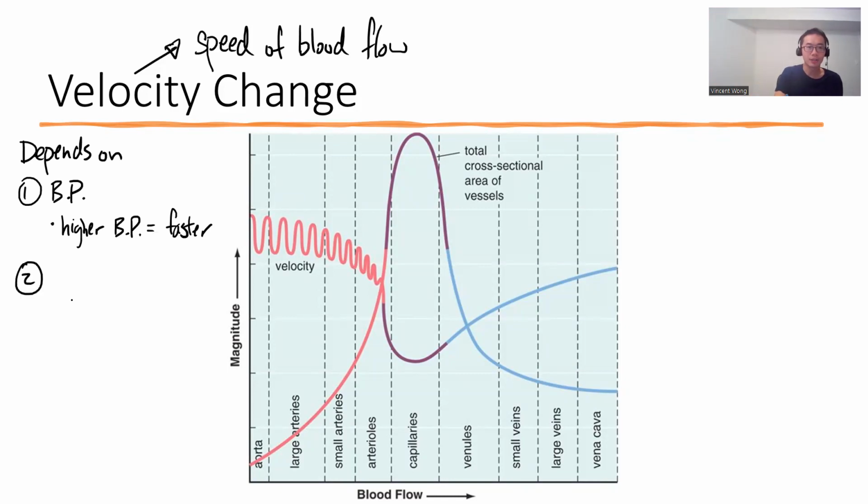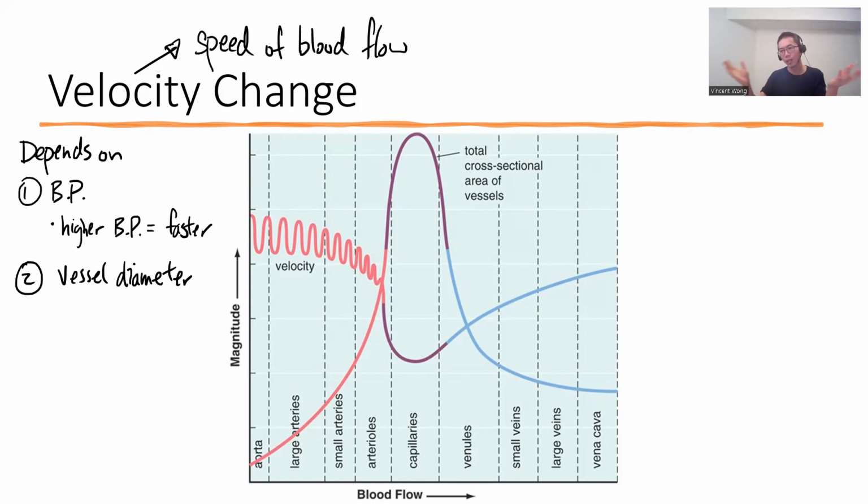And the second factor that the speed of blood flow depends on is the vessel diameter. People tend to get confused with this concept about the diameter. Just think of the diameter alone.